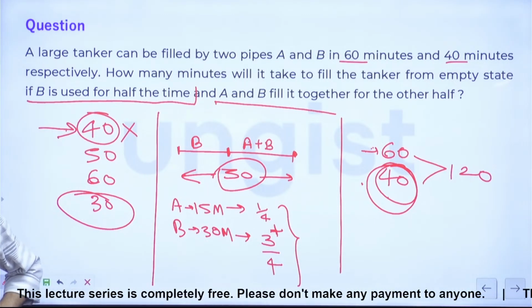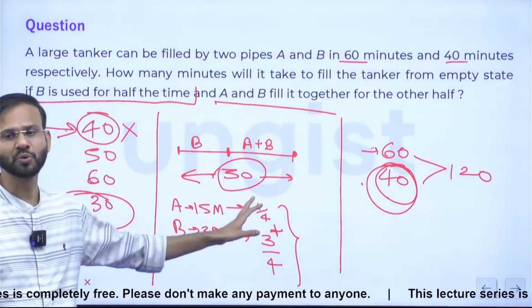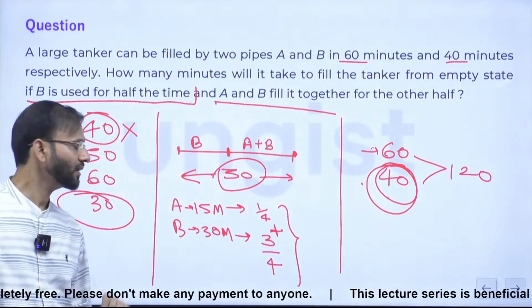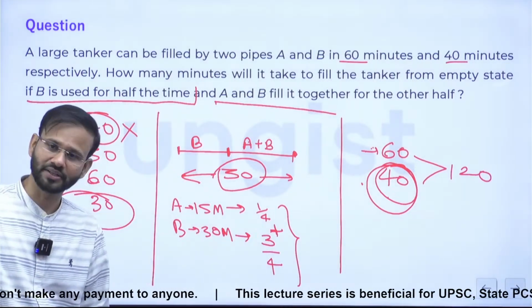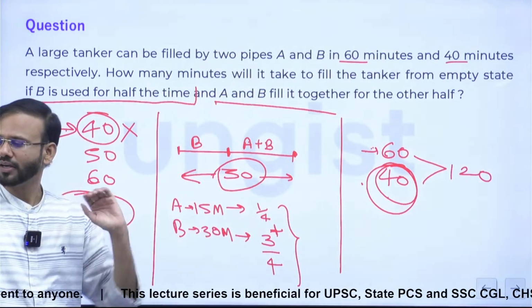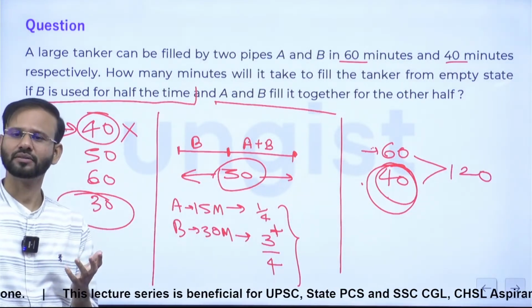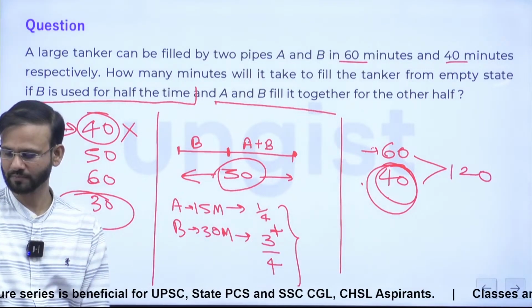Friends? Any doubt? So this is the option based approach. So in the examination, if you have the options, you can go through the options. Obviously you will have the options in the examination. So just by looking at the question, you may check the options. Now suppose that we don't have the options, and we need to solve this question.